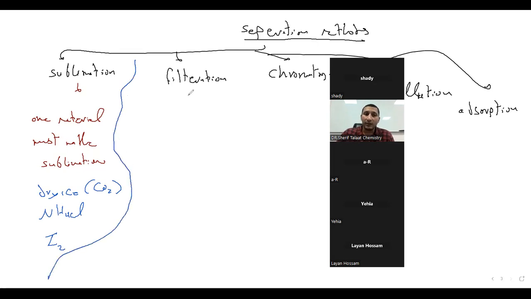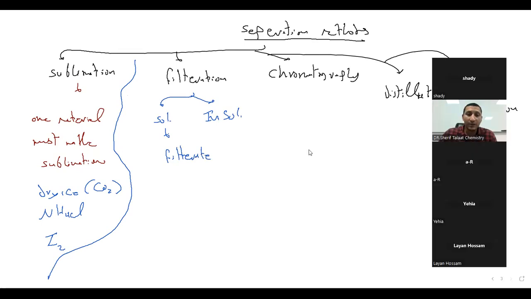Filtration depends on soluble and insoluble materials. The soluble one is called filtrate, and the insoluble one is called residue. To obtain filtrate by crystallization: heat, cool, filter, dry.